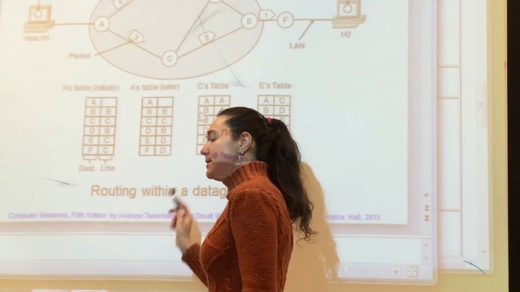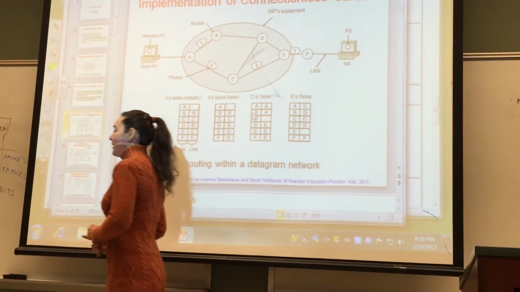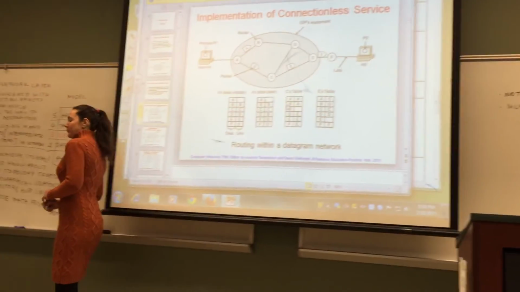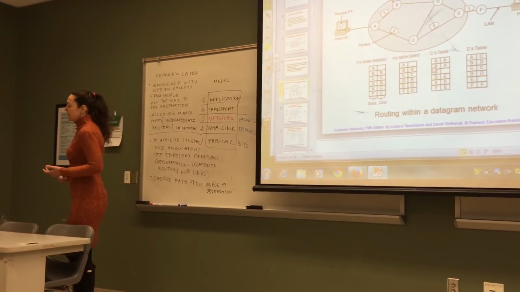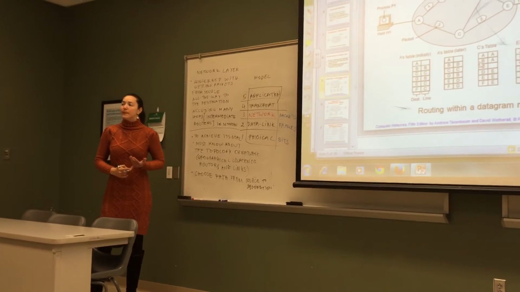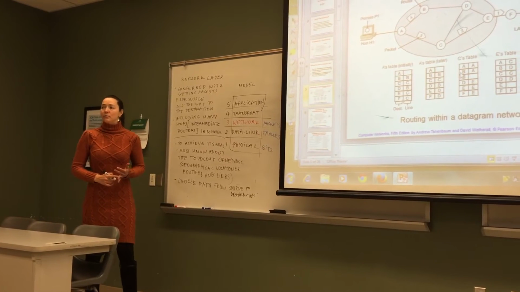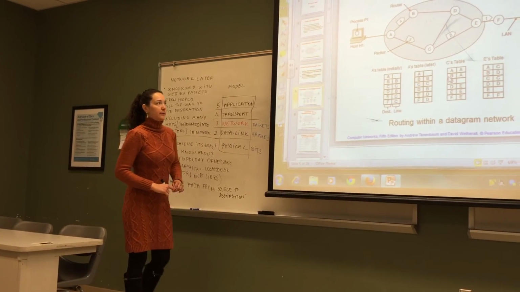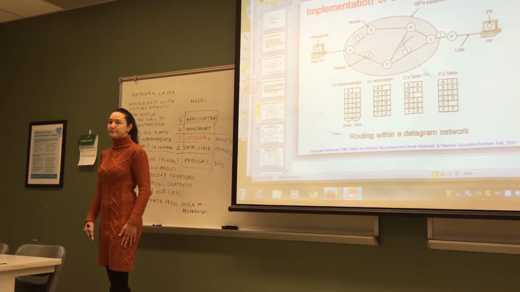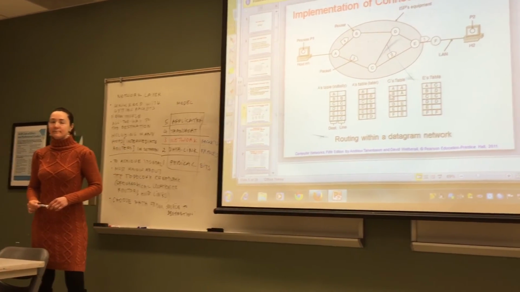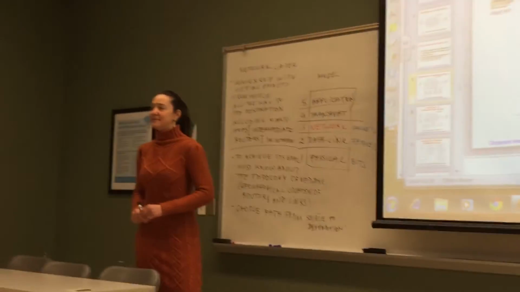What other reasons do you think there might be to update it in this way and change the route? One is that there is a congestion. Could you think of other reasons why we don't want to go through that route anymore? Yes. One of the routers could have died.